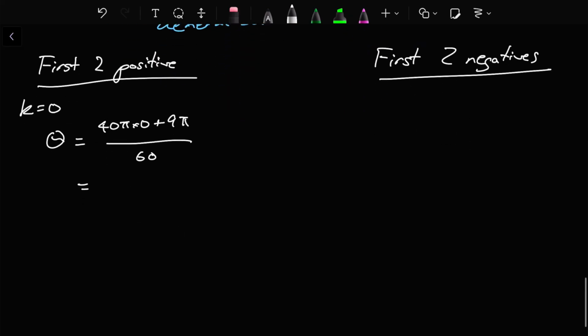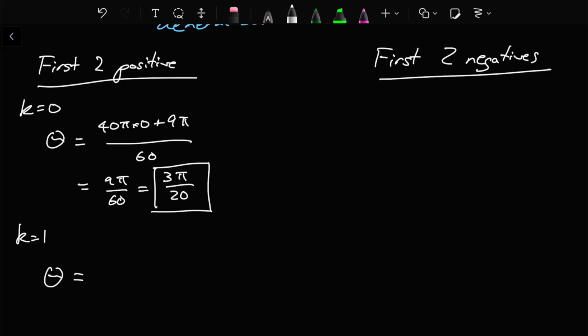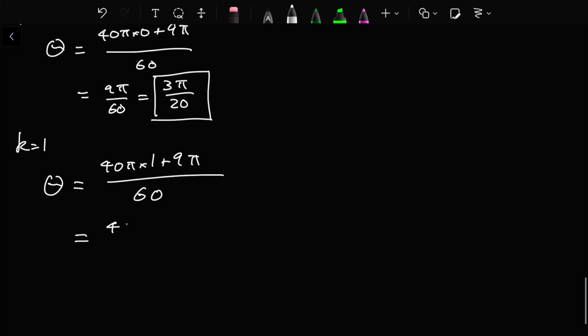The zeros cancel out, so 9 pi over 60, which is exactly equal to 3 pi over 20. Okay, then we say k equals 1. It has to be integers, so we can't do fractions. 40 pi times 1 plus 9 pi over 60 is equal to 49 pi over 60, which you can't simplify.